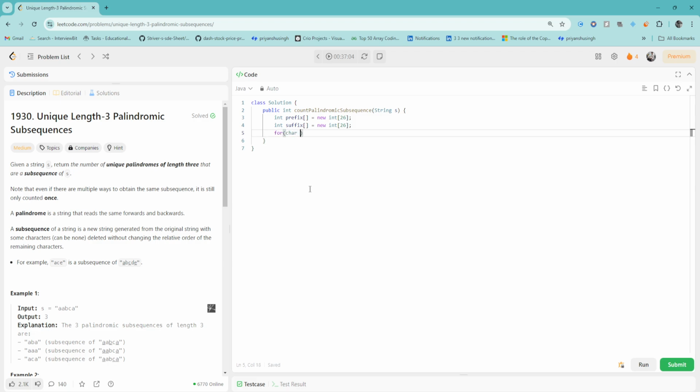So for the characters in the string to char array, I'll make use of the suffix, and because we are mapping the particular character with an integer, a would be mapped with 0. So that's why we are doing ch minus character a.